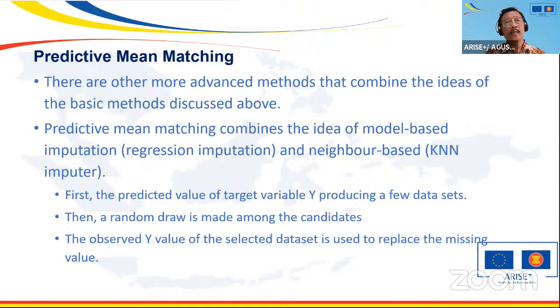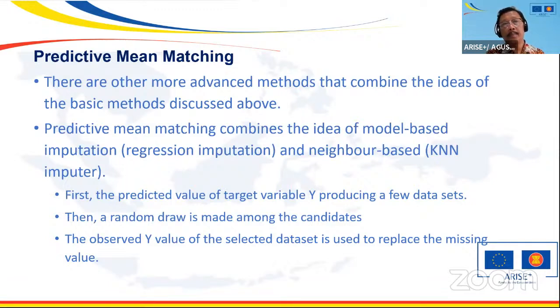We call it the stochastic regression. Stochastic regression is taking into account also the variability of the estimates. But this still can lead to implausible results. It can still happen that we have a negative value for something that should not be negative.